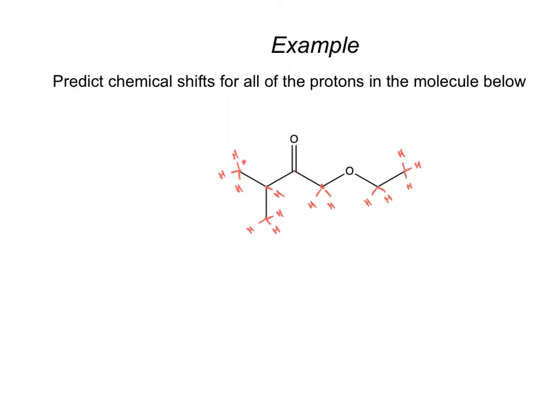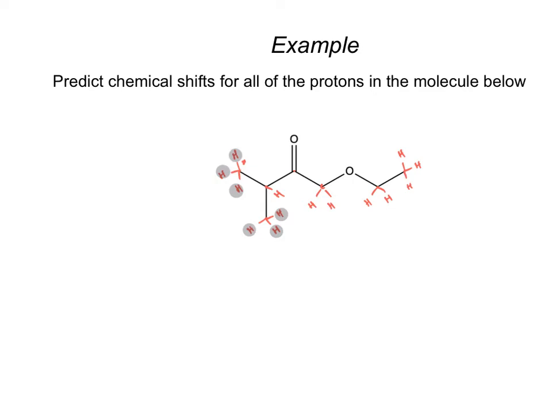Now we're going to identify which of these are chemically equivalent with respect to one another. First off, all of the hydrogens in a methyl group are always chemically equivalent. These are all chemically equivalent, but they're also chemically equivalent with this methyl group as well, because there's free rotation around this bond.